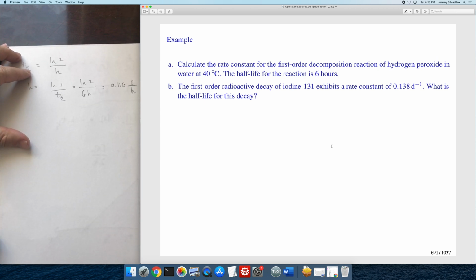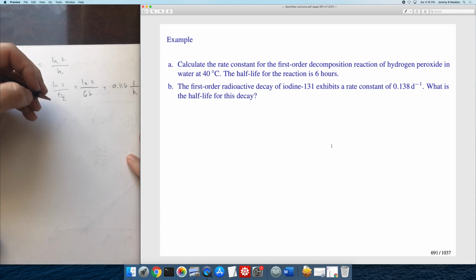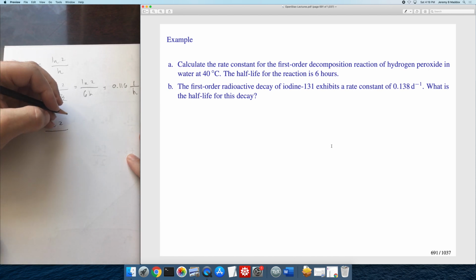Half-life time in radioactive reactions. So here it's the same formula. They give us the rate constant, and they want us to calculate the half-life time. So this is using this equation, natural log of 2 divided by 0.138.